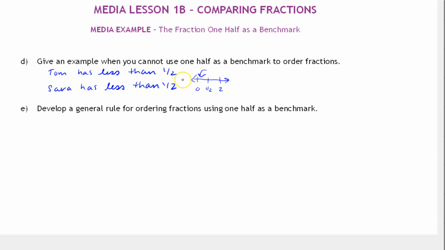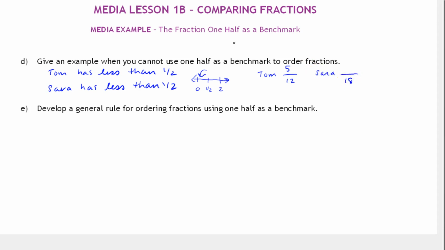So this is one example, and let's just pick specific numbers. So let's say Tom has, I'm going to pick a denominator, 12. And I'll say 5/12 because I know 5 is less than half of 6. So this will be less than half.